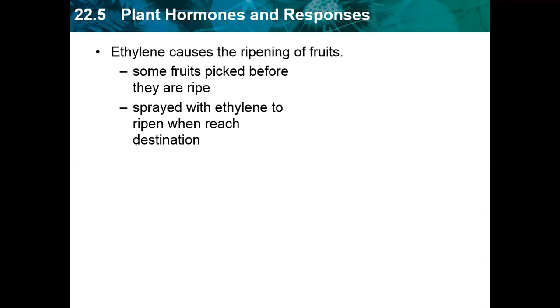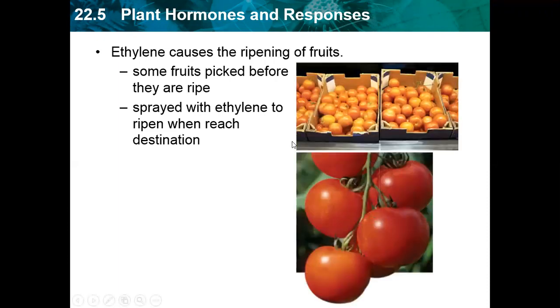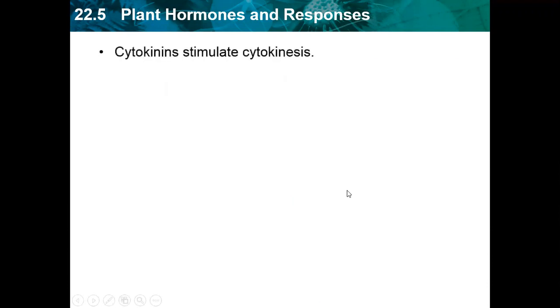As soon as they get there, they spray the fruits with ethylene to allow them to ripen. When they're ripe, they're ready for sale. This is an example of how fruits ripen, which is the job of ethylene.